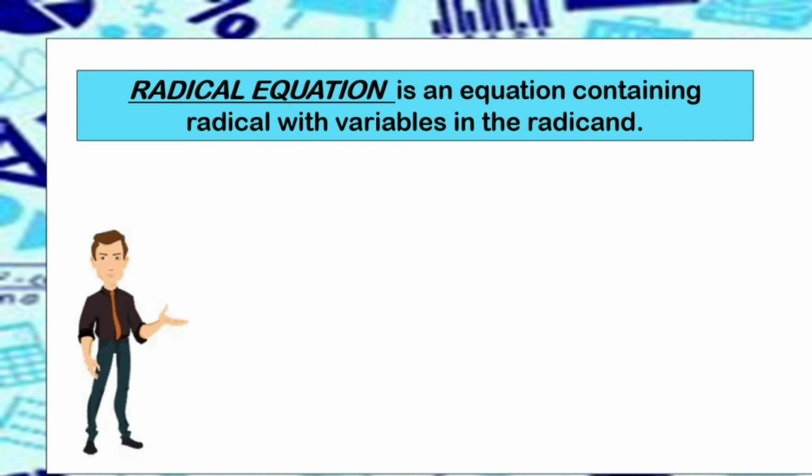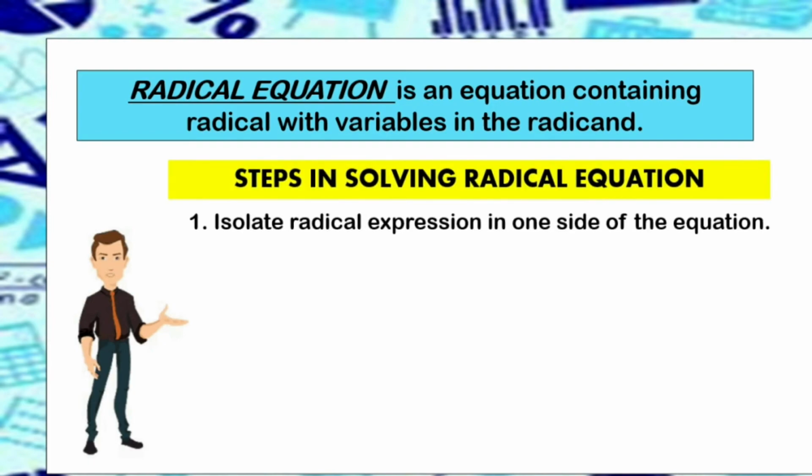To sum up our lesson, remember that a radical equation is an equation containing a radical with variables in the radicand. Also remember the following steps in solving a radical equation. First, isolate the radical expression on one side of the equation.